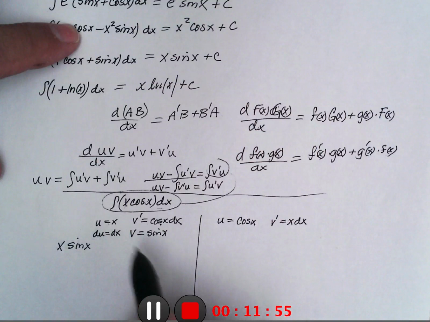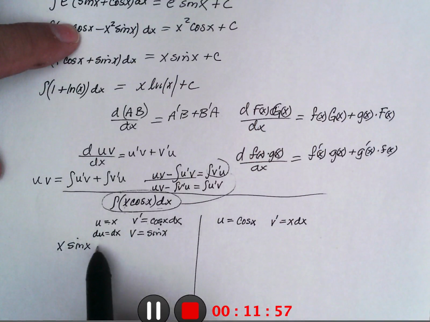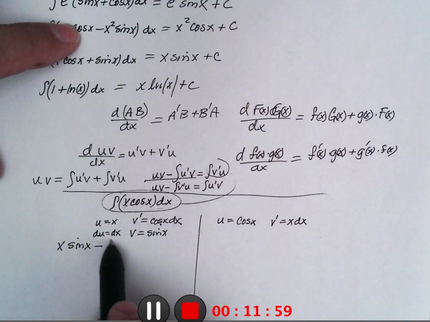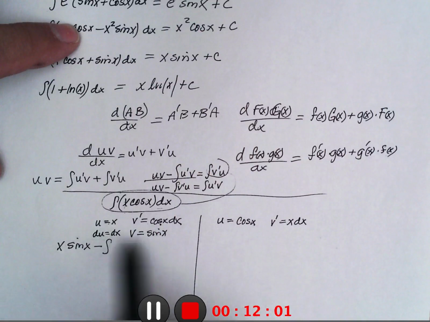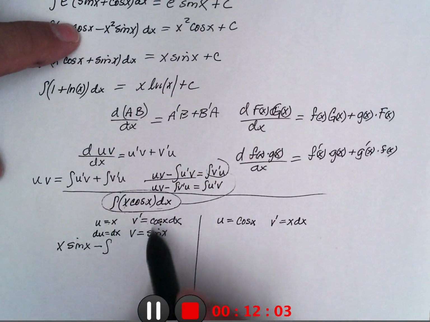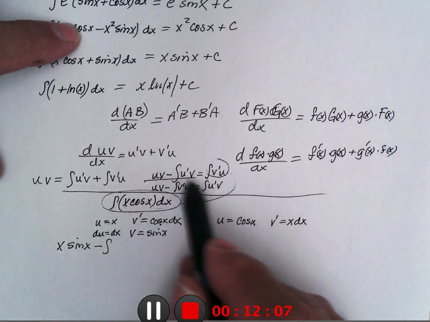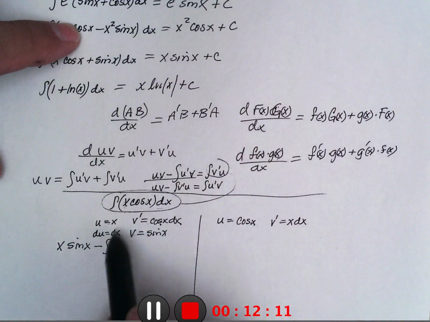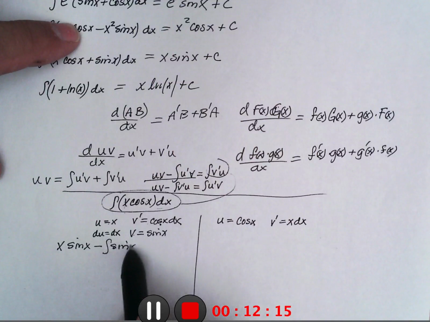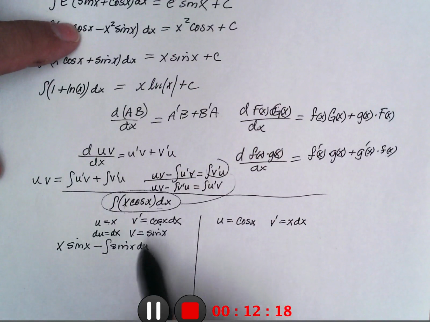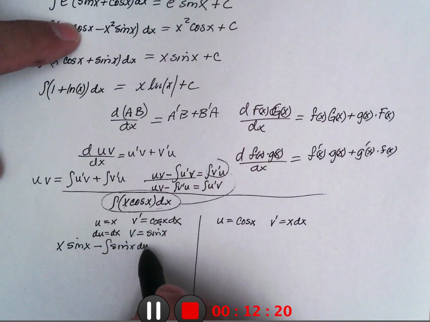So I get minus the integral of these two, which is, because I need du, the derivative of U times V, and V is that, so du times sine x dx. Du is dx.